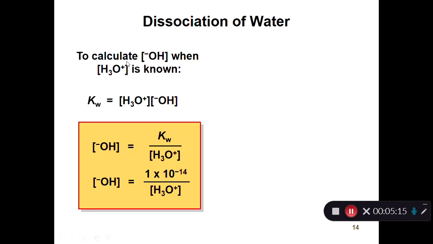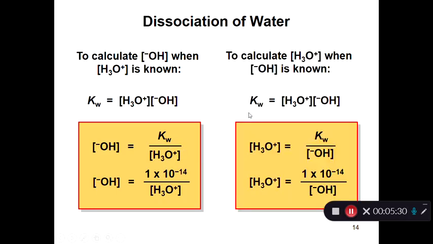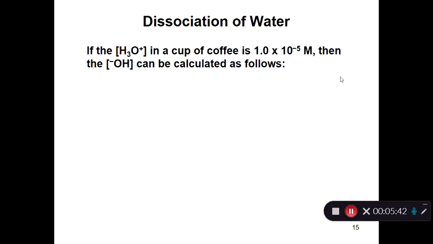If I give you the H3O plus concentration and ask you to calculate the hydroxide ion, you just rearrange this equation. Or if I give you the OH minus concentration and ask you to calculate the hydronium ion concentration, you can rearrange it the other way. Let's see how it works.